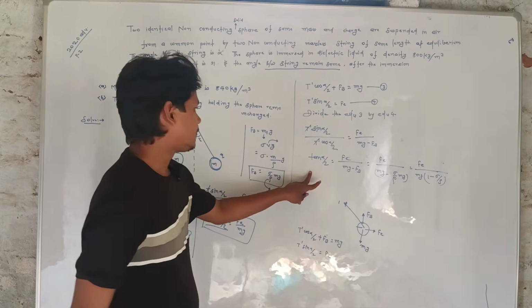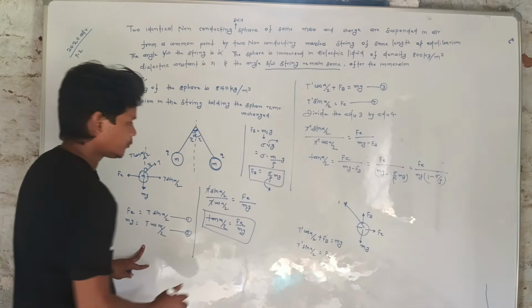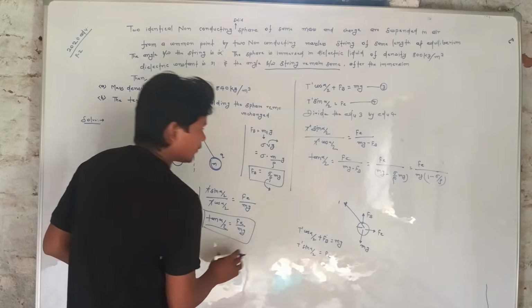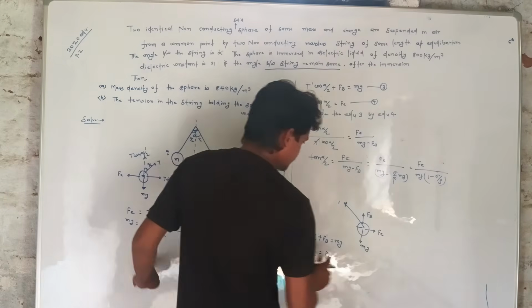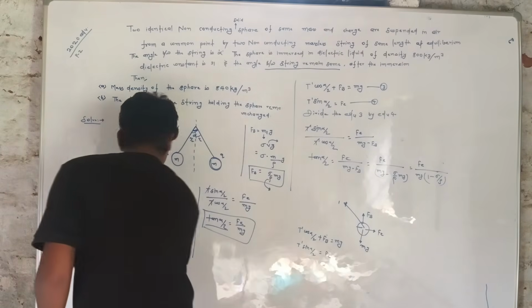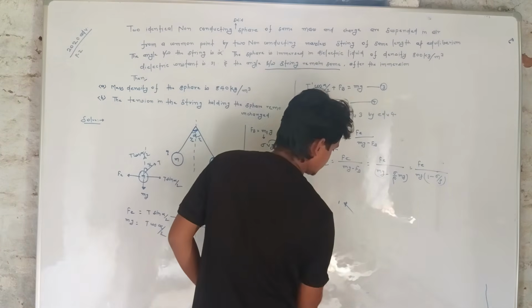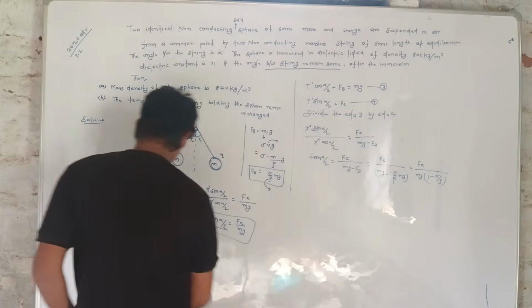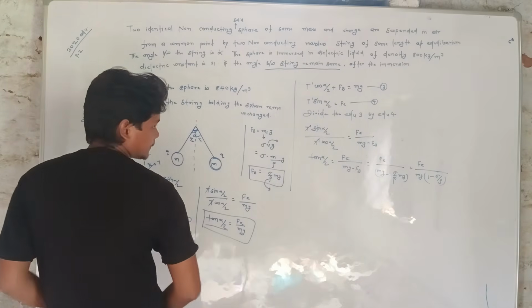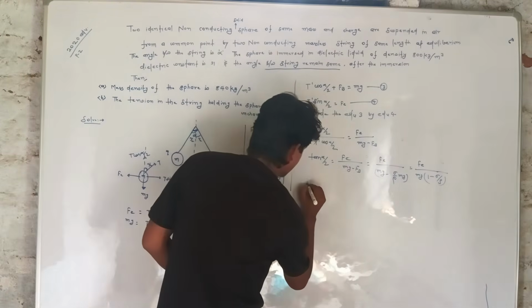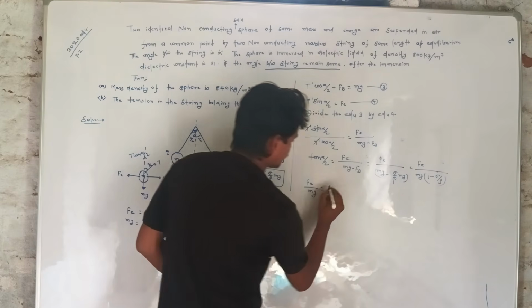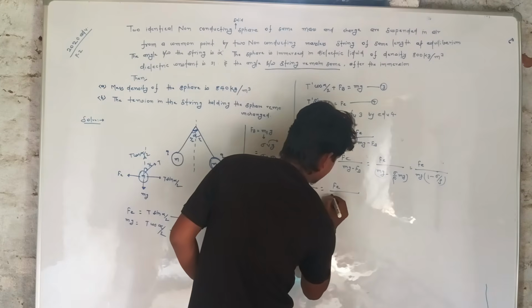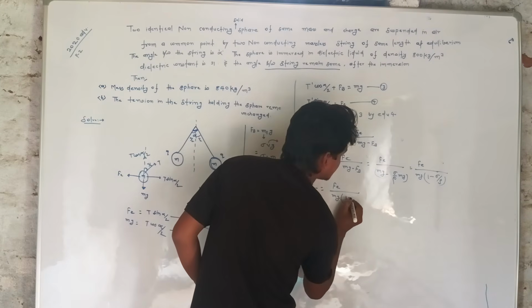From here, tan alpha by 2 and tan alpha by 2, we compare both the quantities. Fe upon mg is equal to Fe upon mg into 1 minus sigma upon rho.